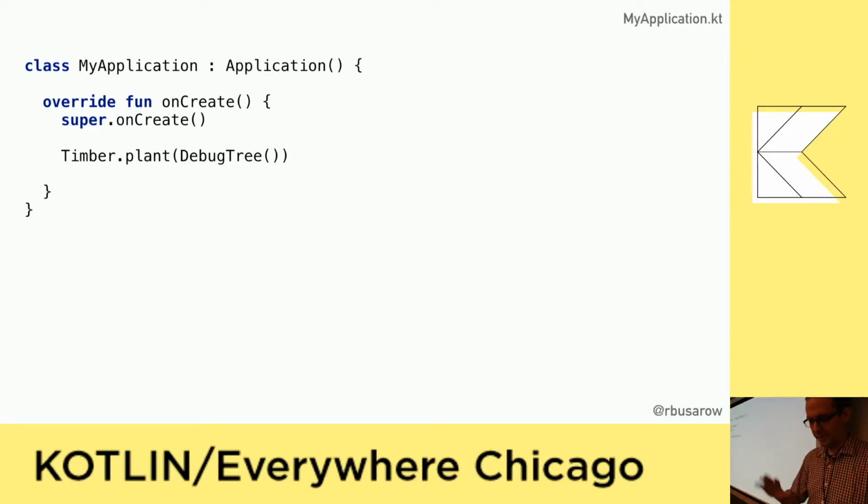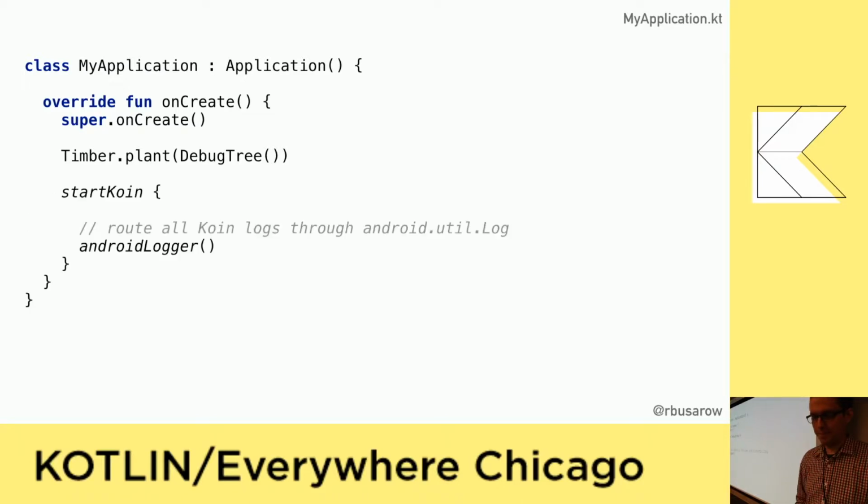So, got that out of the way. We're going to just follow the guide here, and we're going to call start Koin in the on create of our application. So now, with the exception of the Timber, immediately we are going to have our Koin instance created and start working with it.